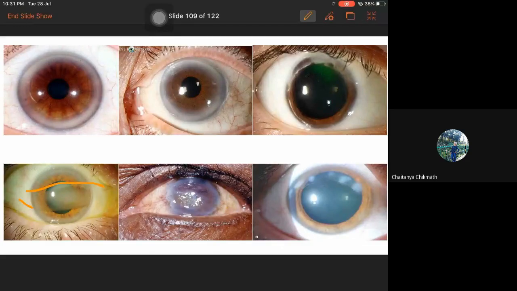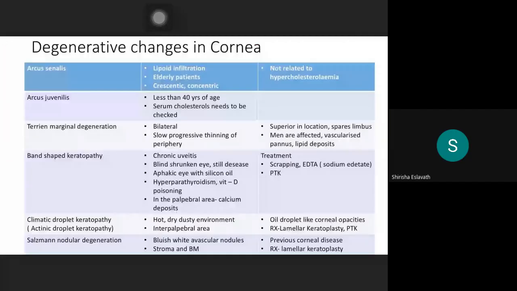And how do you treat these cases? Because it's calcium deposits, we use a calcium chelating agent. If it is superficial, you can surgically scrape it off. If it's very deep, it's difficult to scrape with a surgical instrument without causing damage to the cornea, so you use a chelating agent, that is EDTA or sodium EDTA.